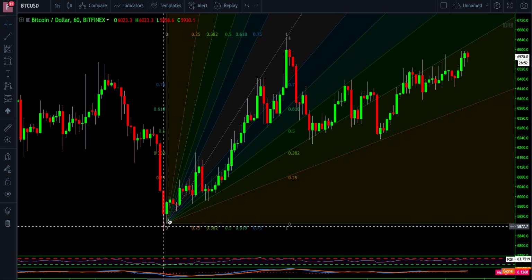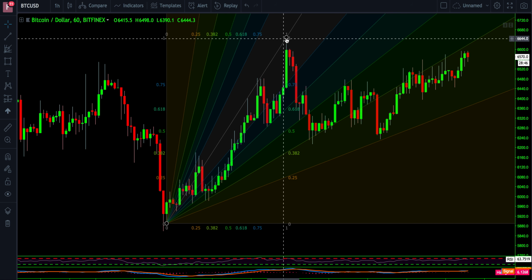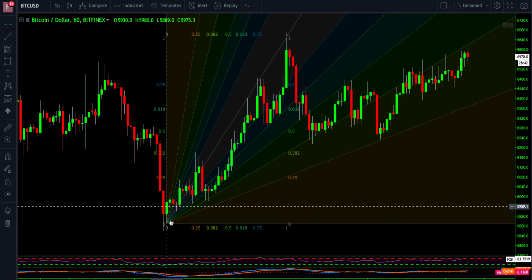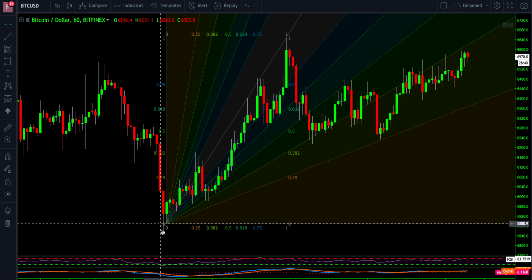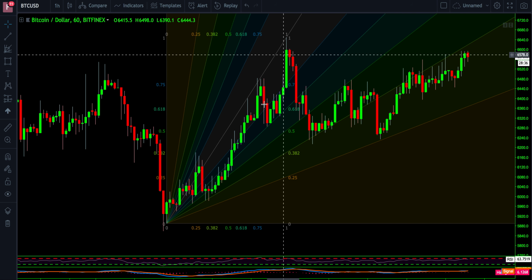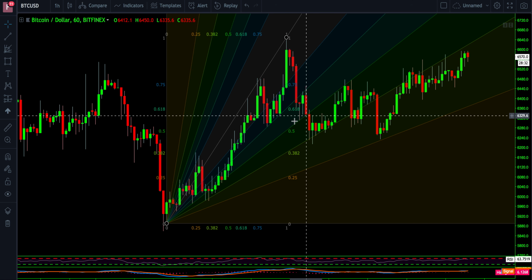So if you ever run into a situation like this, technically you're supposed to go from the bottom of a low to a high point, but you can always make adjustments here. Feel free to make adjustments if that's what's working, because clearly you can see at this point to this point that it's clearly finding support and resistance.